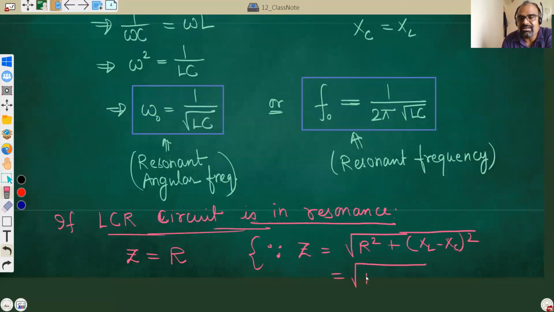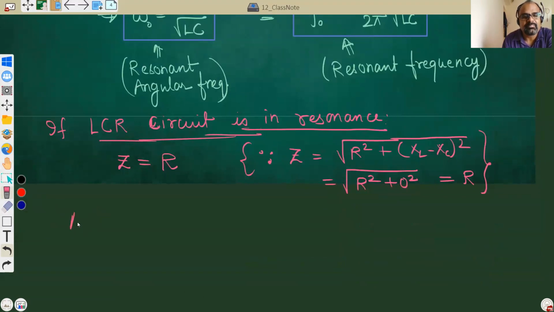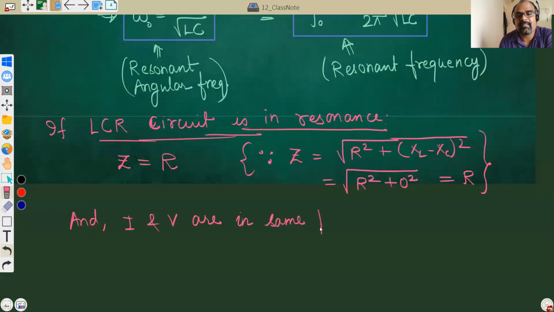So root over R square plus 0 square, because they cancel out each other. So impedance is R only. And second thing is that current and source voltage are in same phase. Not new, because I've already explained this.